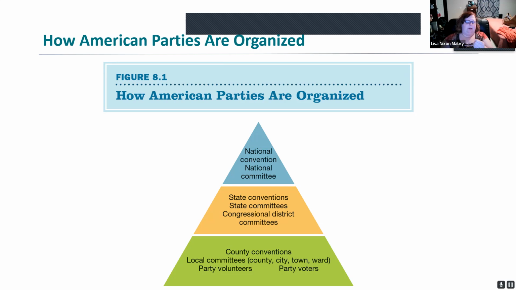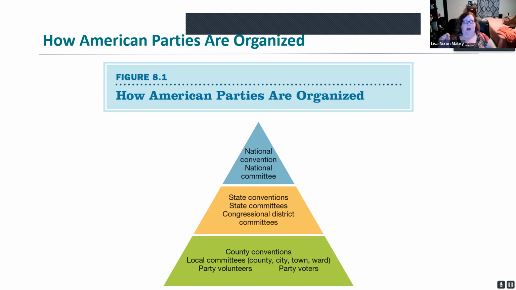I want to say both of them here in Florida meet in Orlando, but it might be one in Orlando, one in Tampa. I would have to Google that. I'm not sure. And then the counties a lot of times have county committees. That's not always the case.